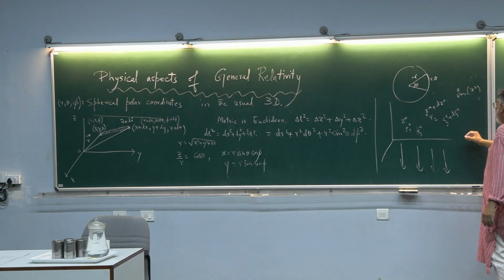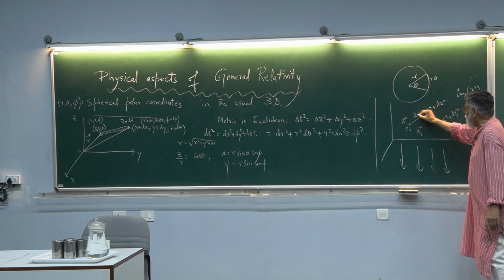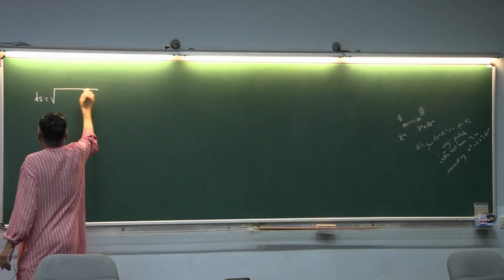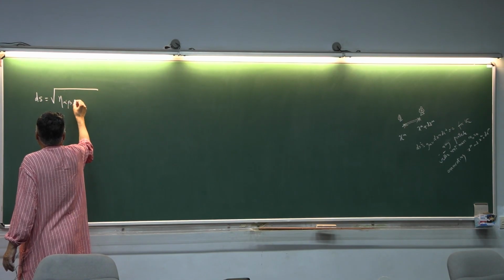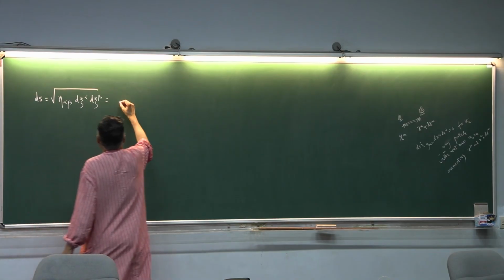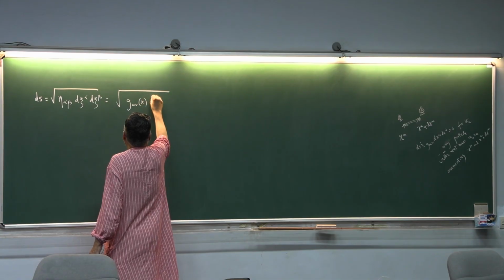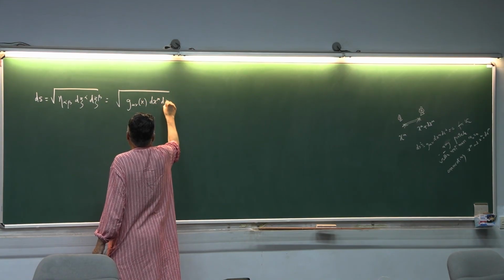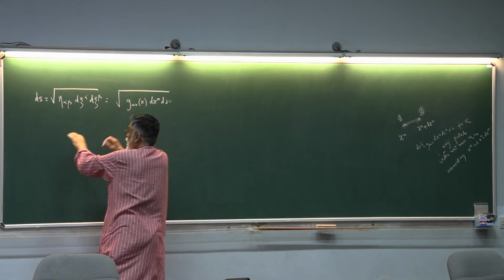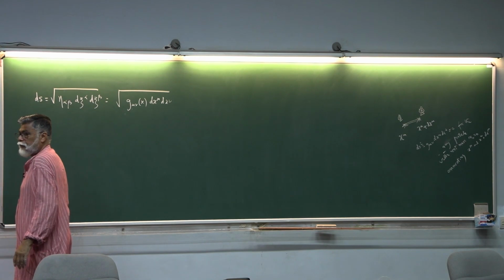It tells me that in the local inertial frame, the invariant proper distance ds squared is indeed eta alpha beta d xi alpha d xi beta, which is the same as the expression in the curvilinear coordinate system. Remember, in the curvilinear coordinate system the metric depends upon x, where x is the local coordinates in the curvilinear coordinate system.